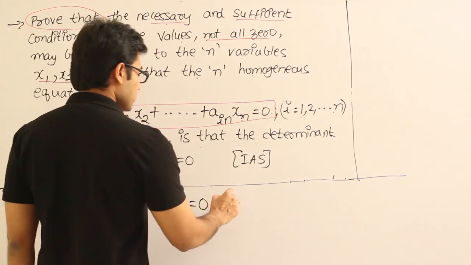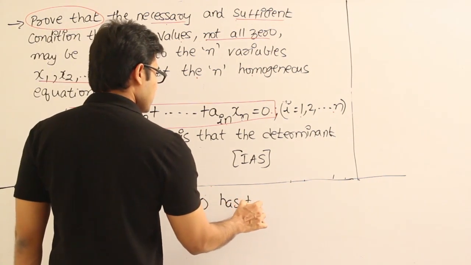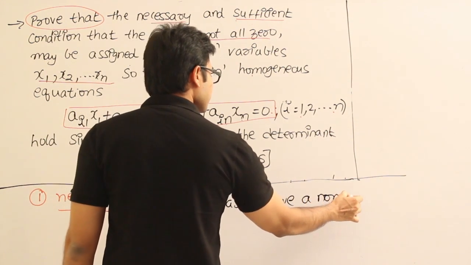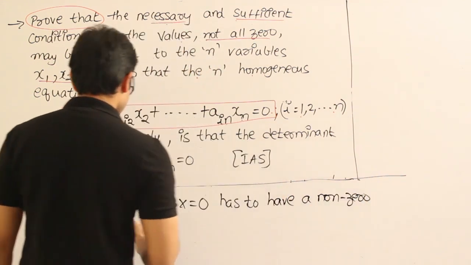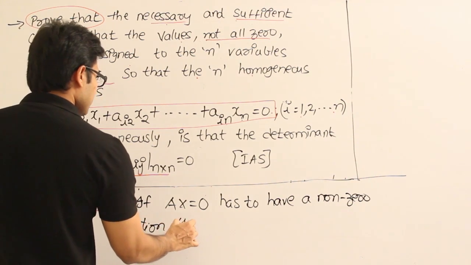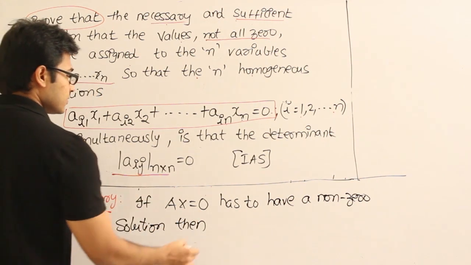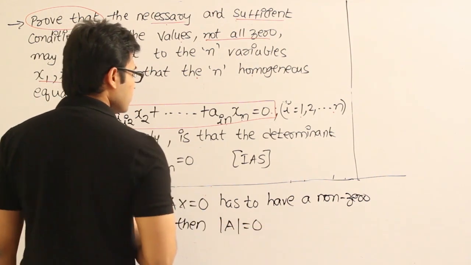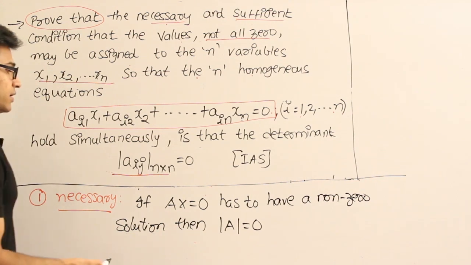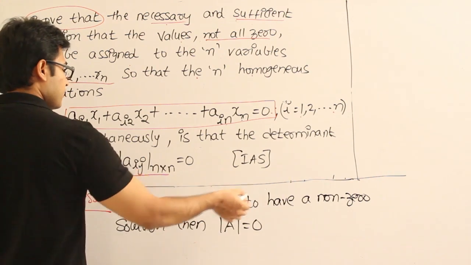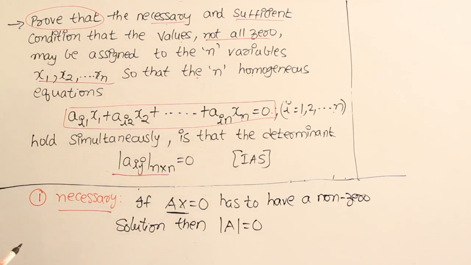If Ax equal to 0 has to have a non-zero solution, then det A equal to 0. This is what we are supposed to prove. If det A happens to be 0, then Ax equal to 0 has a non-zero solution. That is what we are supposed to prove. Fine. This is the necessary condition.